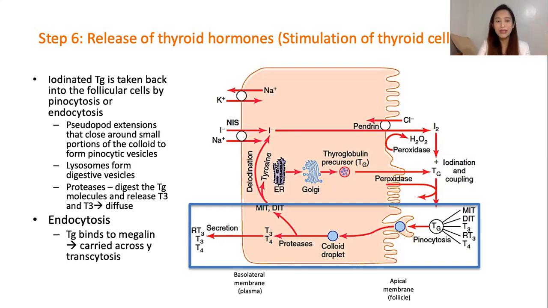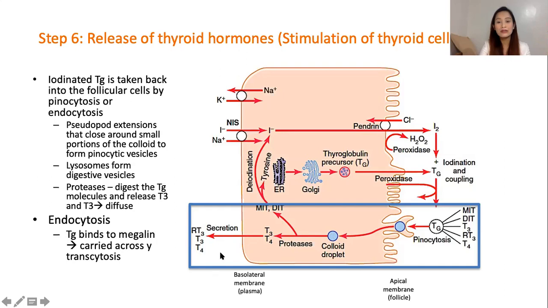And then inside the cells, the lysosomes digest the thyroglobulin molecules in order to release the T3 and T4 from the thyroglobulin, where T3 and T4 will now diffuse into your plasma.